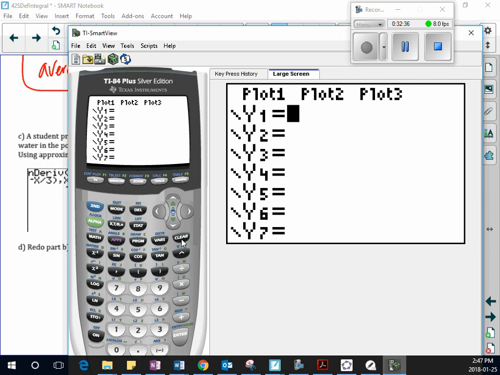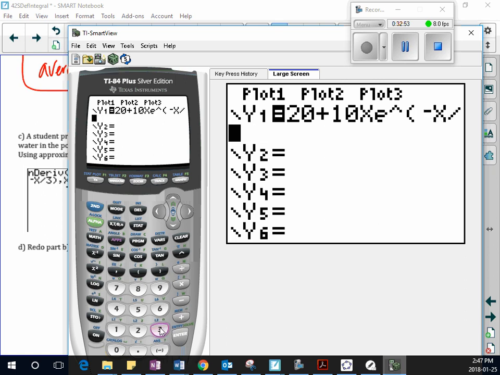If you would have typed in the equation 20 plus, again, it's all about saving time here, people, e to the power negative x divided by 3. Okay, so then once you have this in y1, you can just refer to it as y1.